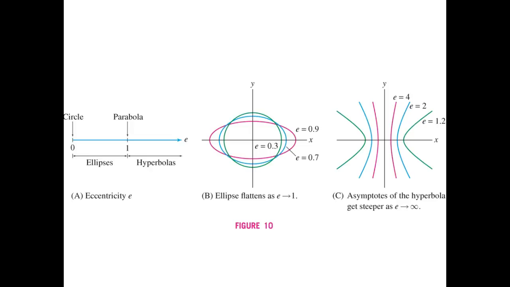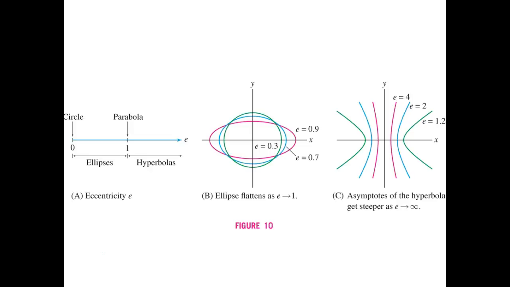It seems like it would be 0, and then it's flattening as it approaches 1. Okay? At 1, a flat line. Now, for your hyperbola, remember, the eccentricity couldn't equal 1 or 0, or it wouldn't be a hyperbola anymore.